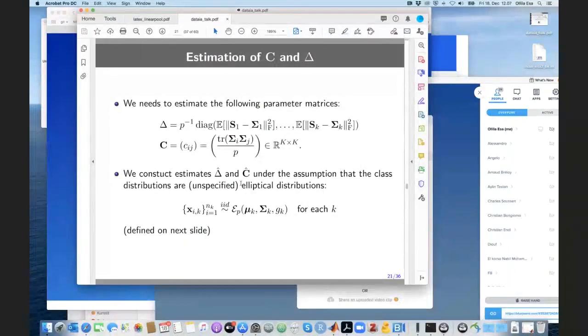For example, the first class could have a multinormal distribution, the second population can have a multivariate t distribution, and so on. So the only assumption is that the data itself has been generated from an elliptically symmetric distribution.